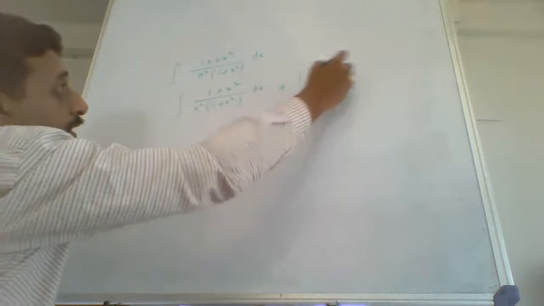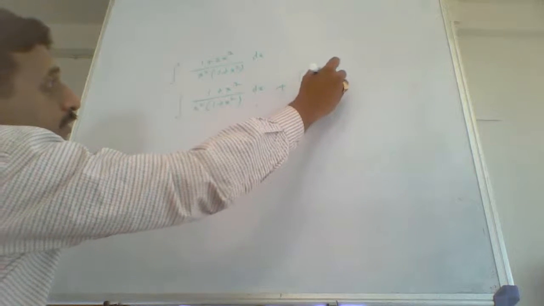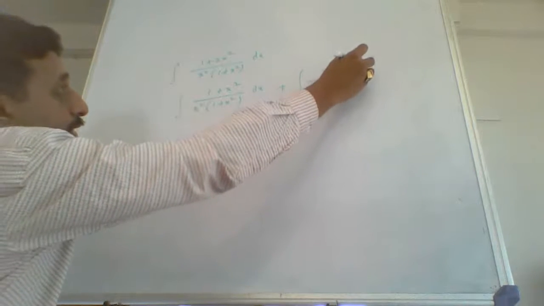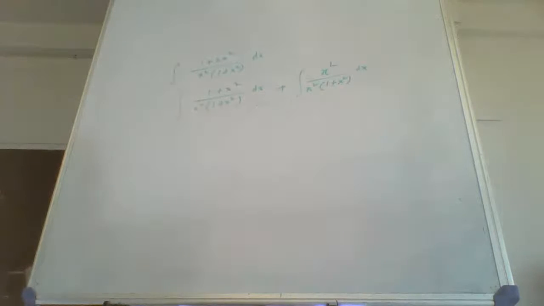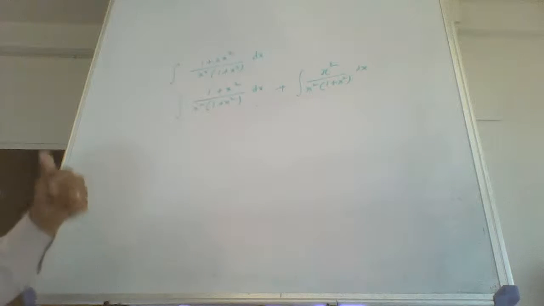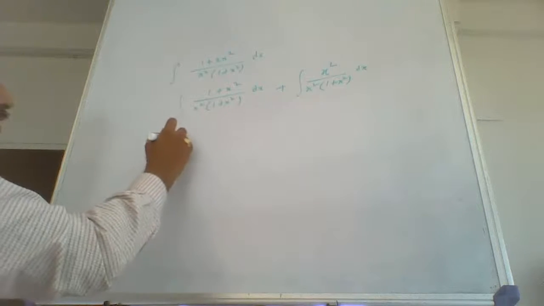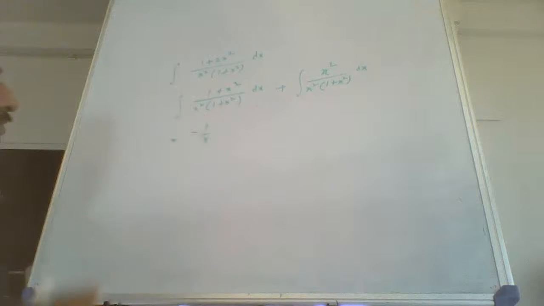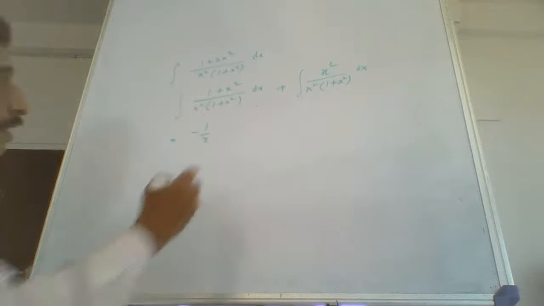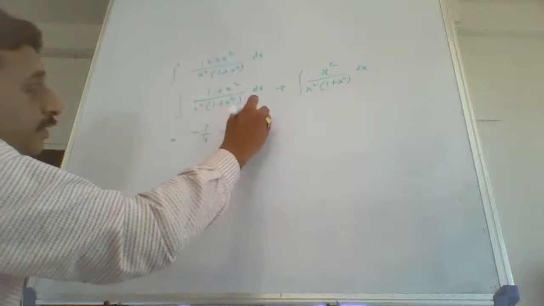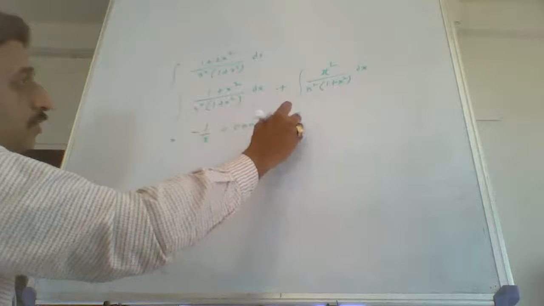That will be x square divided by x square into 1 plus x square dx. So these two get cancelled. This will be x to the power of minus 2. The integral of x to the power of minus 2 will be minus 1 by x. And x square gets cancelled for the second term, and I'll be left with only tan inverse x plus c. So this will be the solution.